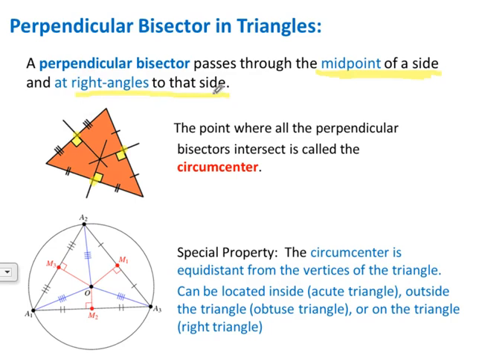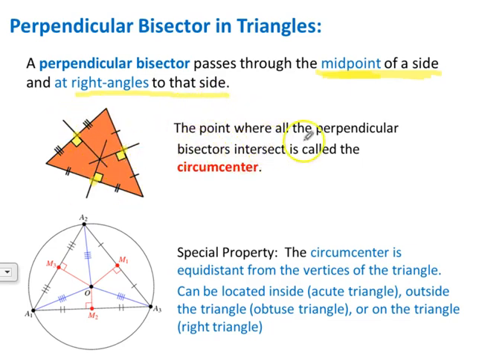So the perpendicular bisector has to intersect a side at a right angle, and it has to intersect that side and divide it into two equal parts. So it's intersecting at a midpoint. There's going to be three perpendicular bisectors because we've got three sides of our triangle.